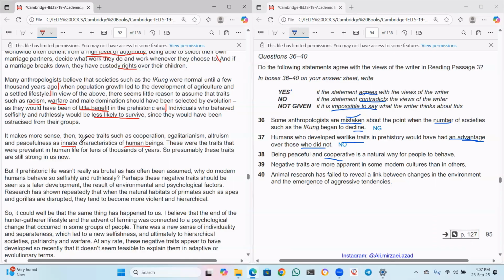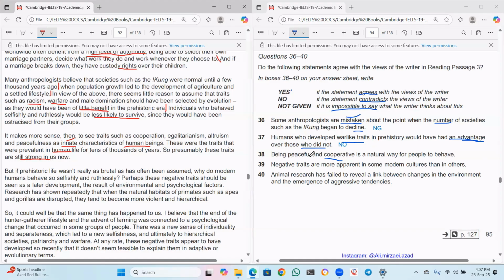Innate means inbuilt. So these were the traits that were prevalent in human life for tens of thousands of years. So presumably these traits are still strong in us now. Innate means inbuilt characteristic. By birth, they have these characteristics. Okay. Now, what does he say?